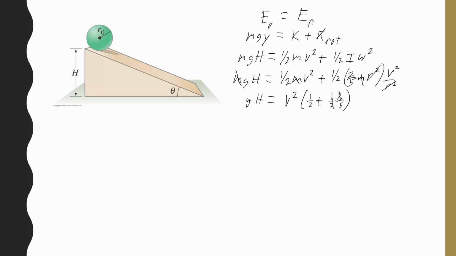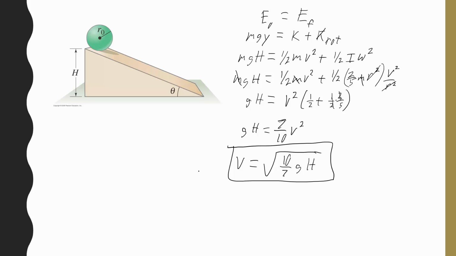And that goes away, so we have 1/2 plus 1/5. So that is, what, 5/10 plus 2/10, so that's 7/10. Ugly 7. 7/10 v squared equals gh, and that works out to be the square root of 10/7 gh, which is what we had before. Probably a little bit easier this way, doing it with energy.